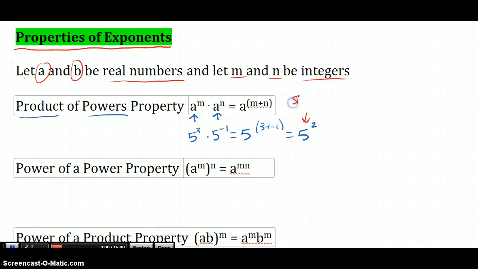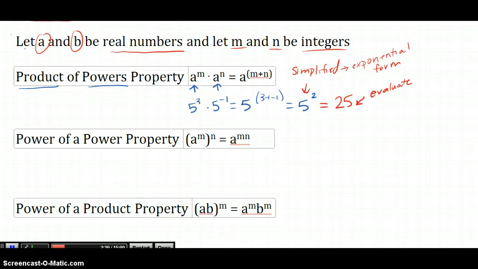This is your simplified answer, and this is also called exponential form. If you are asked to evaluate, then you would actually take 5 squared, which is 25. So this is if you were to evaluate. So it's important to understand what you're asked to do.